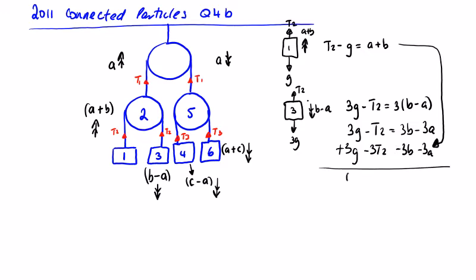So I get 6G minus 4T2 is equal to minus 6A. And dividing by 2, I get 3G minus 2T2 is equal to minus 3A.